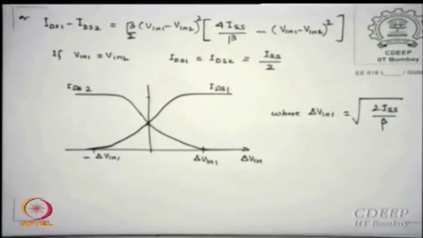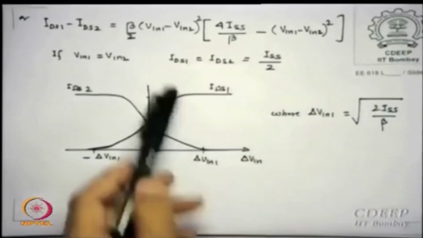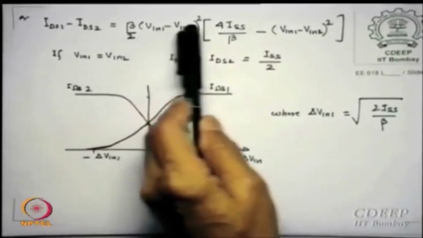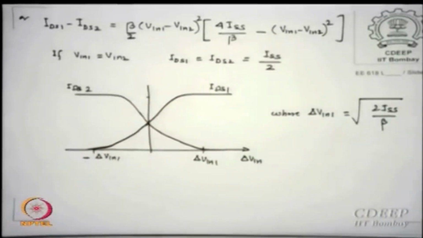First, write the expression which I said is physically visible now. If V in 1 is equal to V in 2, that is delta V in is 0, IDS1 is equal to IDS2, but IDS1 plus IDS2 is ISS, so each arm will take 50% of the ISS. So if both inputs are the same, then 50% current.